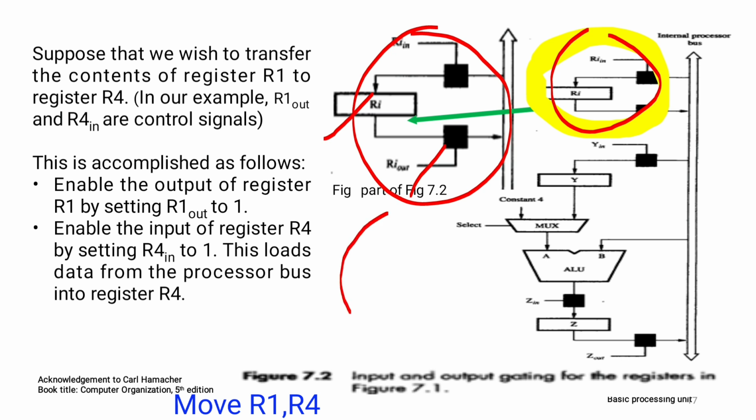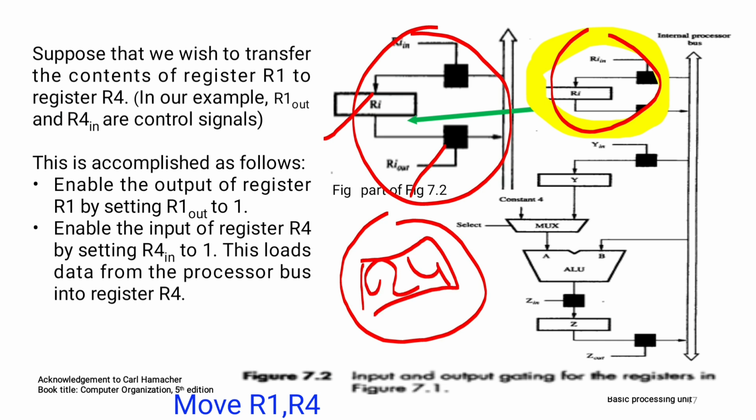Next, consider the register where R4 is, so that content is to be copied into R4. Then the R4 in control signal has to be activated. That is the gating of the R1 and R4 registers with the control signals R1 out and R4 in, so that the content of register R1 is copied to register R4.